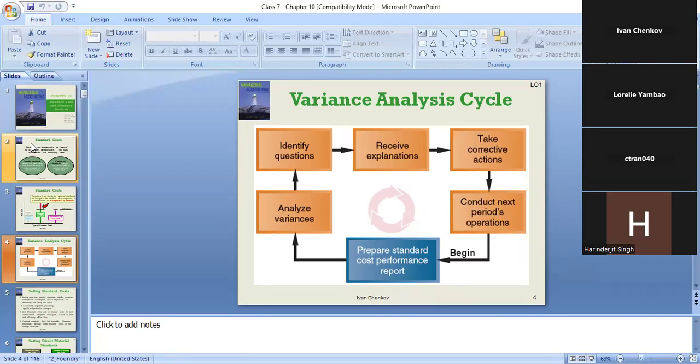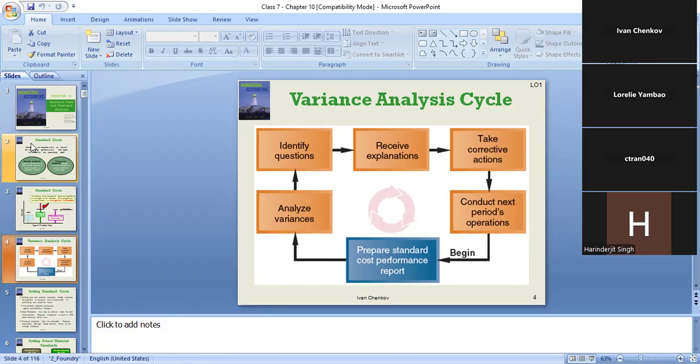Once you take the corrective action, implement it in the process, continue the process, run the new reports, compare again where you are and where you're supposed to be, and keep going with the cycle. If there are variances, chase the variances, identify the questions, wait for explanation.